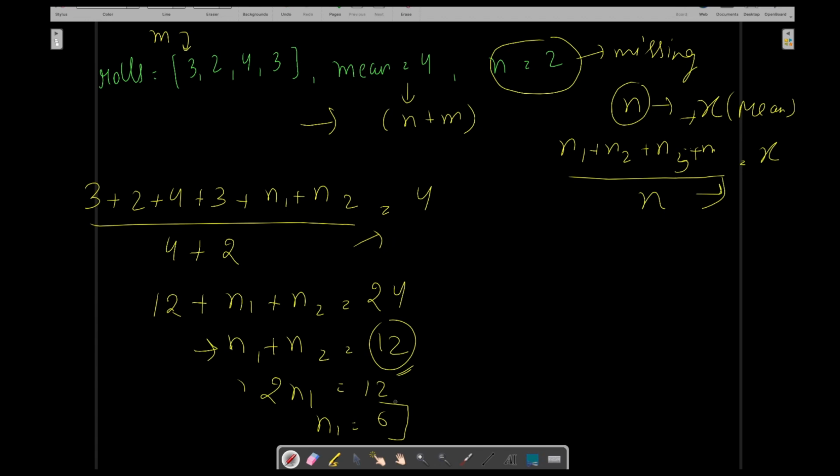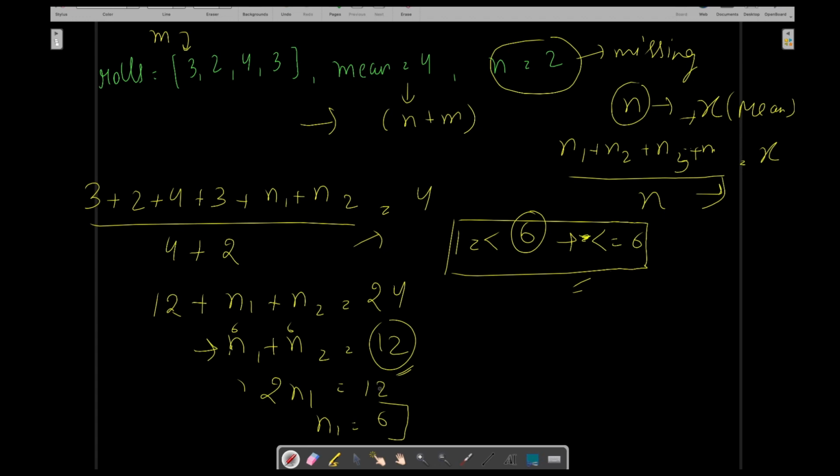If yes, then we get the number 6, and 6 is less than or equal to 6 and greater than or equal to 1, which means it is a number which can exist on a dice. So our assumption that the two missing observations are equal can be true, because both observations can be 6. So our answer will become 6 here.